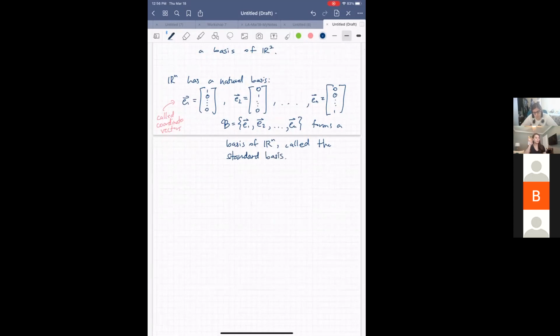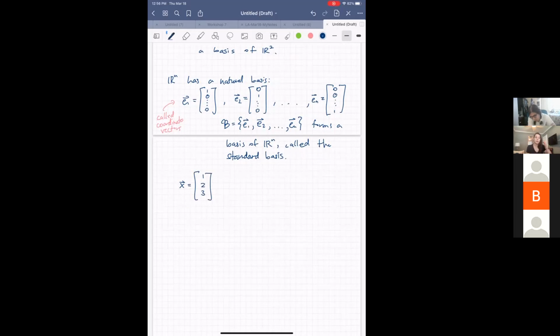Okay. And then, this is kind of nice because we can think of a vector in Rn, or let's say R3. So say we take a vector x equals 1, 2, 3.